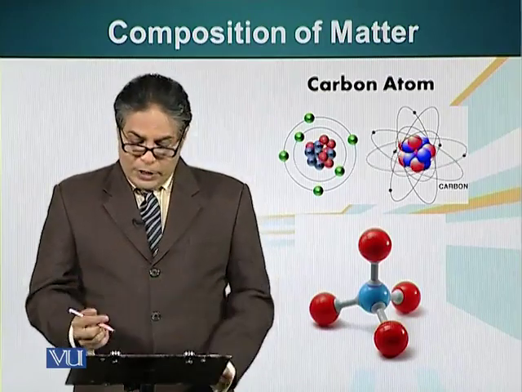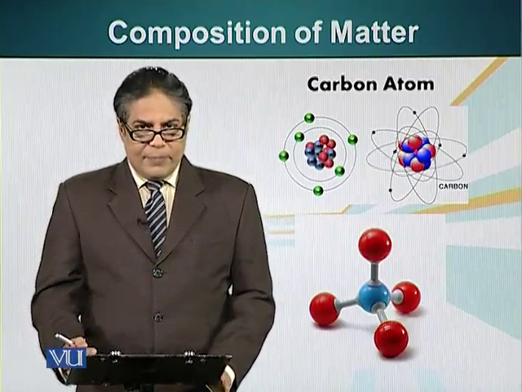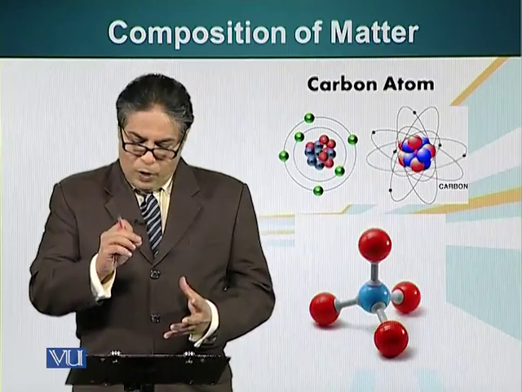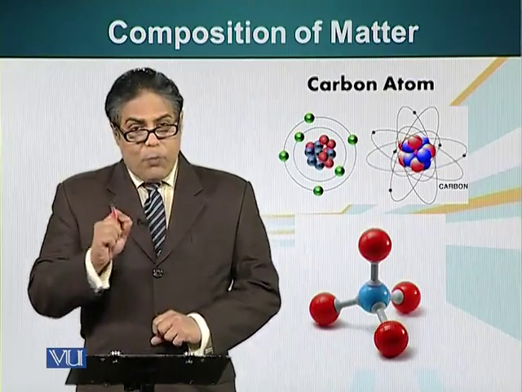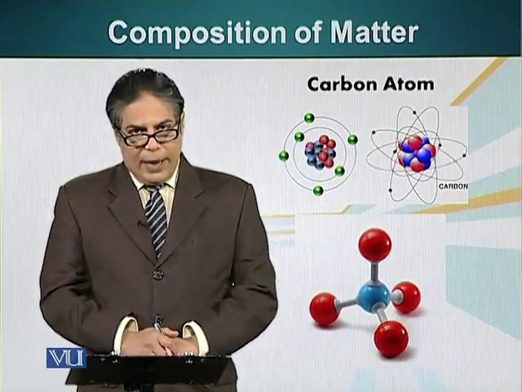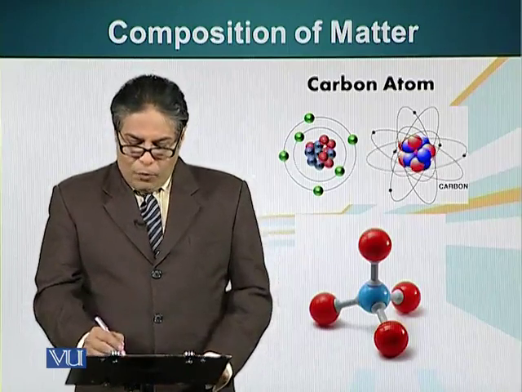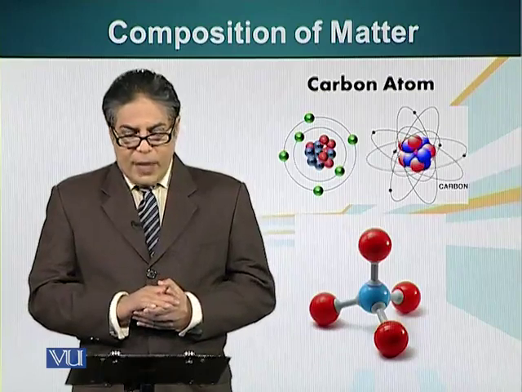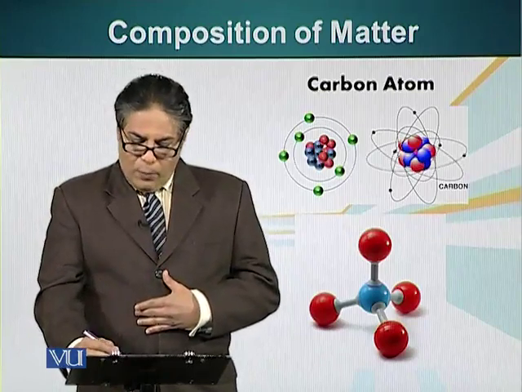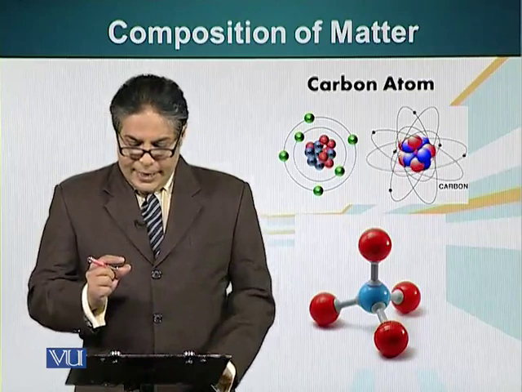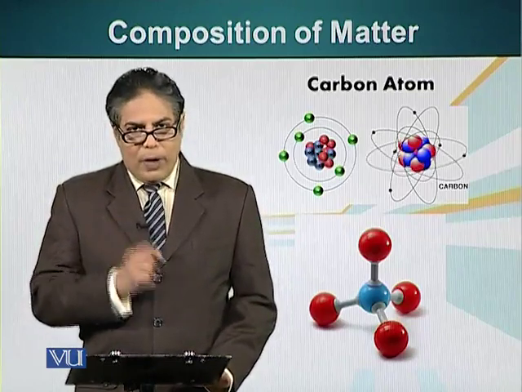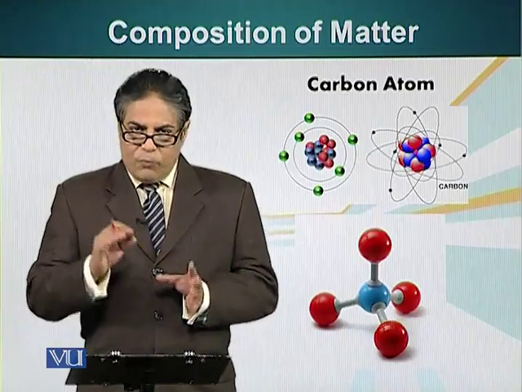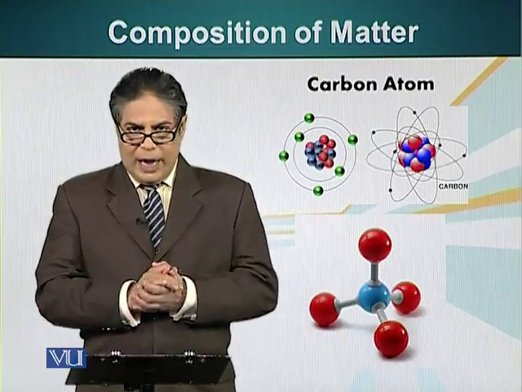In fact, if you notice at the bottom of the slide, there is a structure of 5 different balls. The blue ball in the center represents the carbon atom, and the 4 red balls that are attached to it are the hydrogen atoms. They're attached to the blue ball by a gray stick. The stick represents a covalent bond. So the carbon atom is sharing 4 electrons with 4 hydrogen atoms.